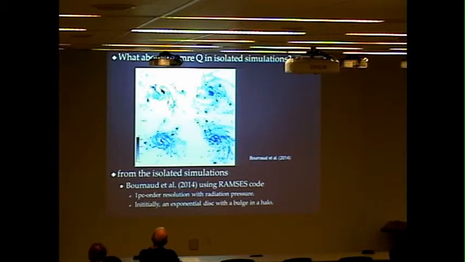So the numerical simulation is now different from the cosmological simulation I previously showed, and the resolution becomes much better. The initial condition of this isolated simulation is almost the same as the previous one: exponential disk, bulge and halo.